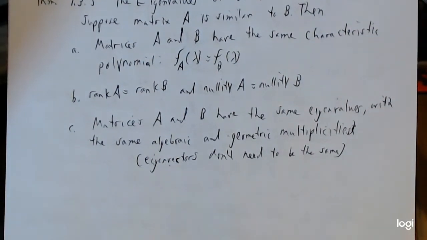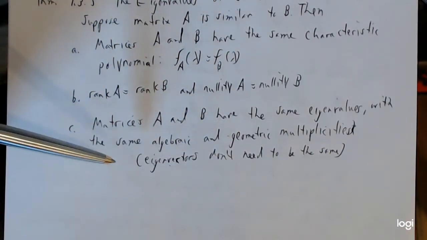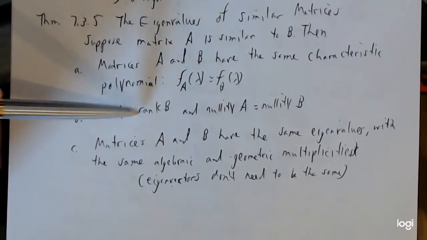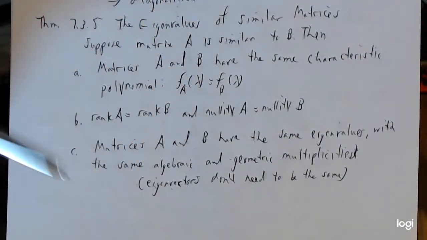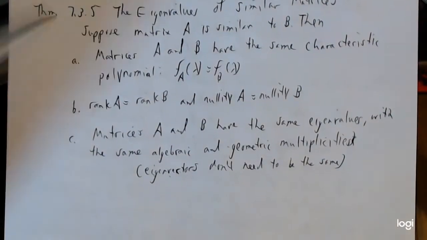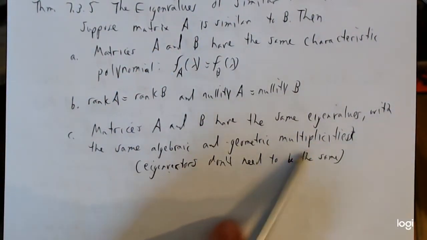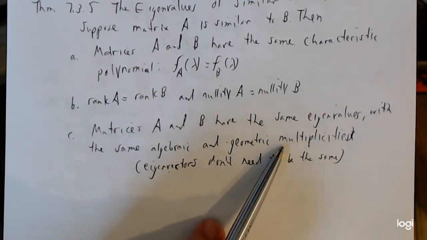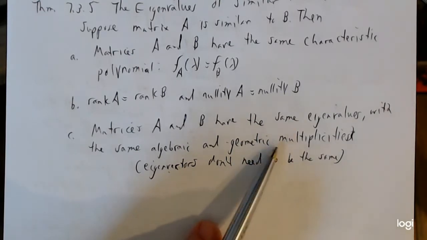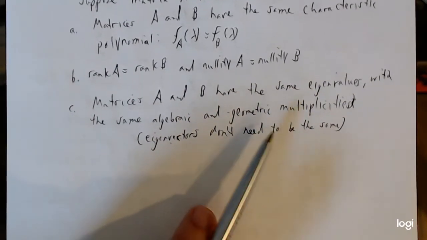That's not what we care about. When we talk about rank and nullity, we care about the number of eigenvectors, the geometric multiplicity, rather than whether they are the same or not.